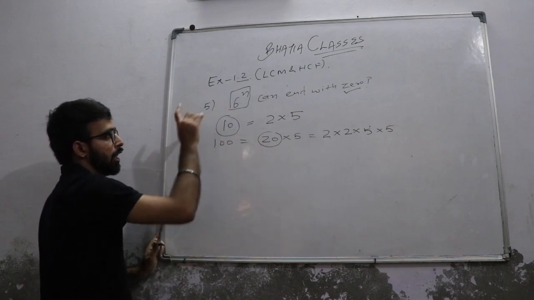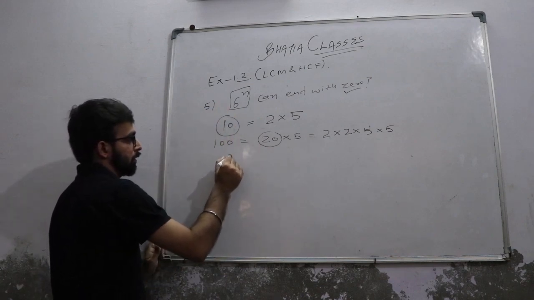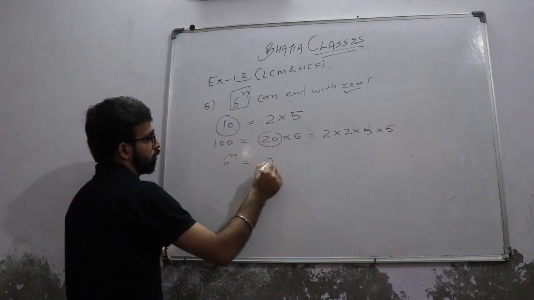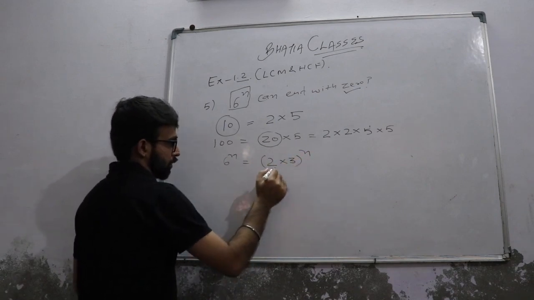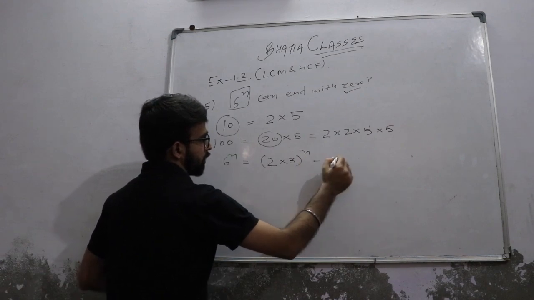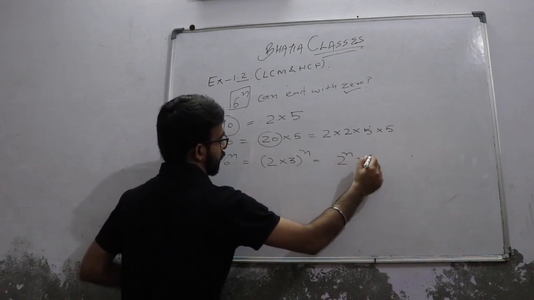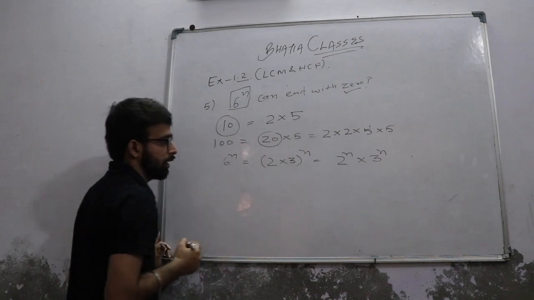Now we will see our number 6 raised to power n, which is equal to 2 multiply 3 to the power n. 6 raised to power n contain 2 raised to power n and 3 raised to power n.